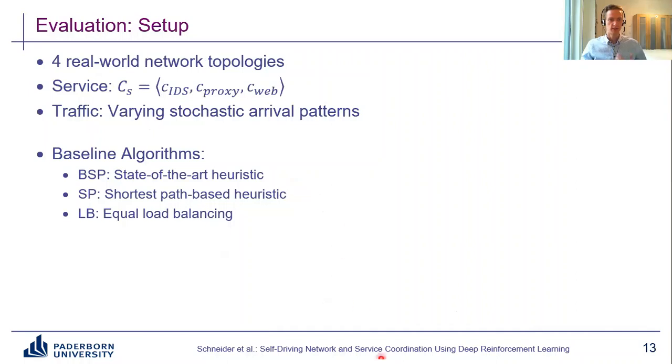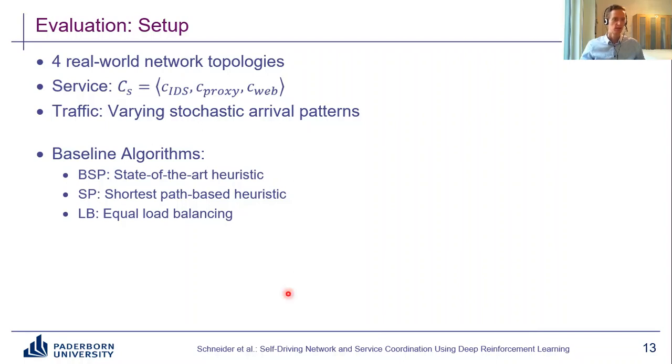So let's have a look at how our approach performs. Let's have a look at our evaluation. We evaluated our approach on 4 real-world network topologies, looking at a service of 3 components and at traffic following varying, mostly stochastic traffic patterns, but also real-world traffic traces. We compared our approach against 3 algorithms.